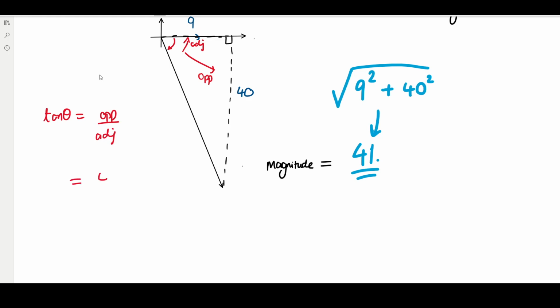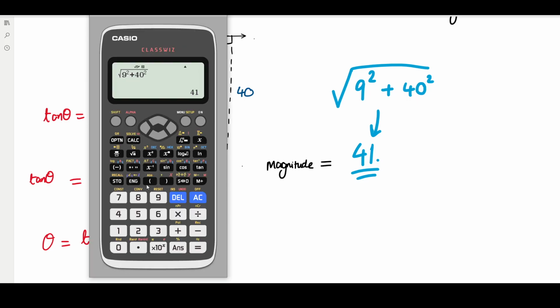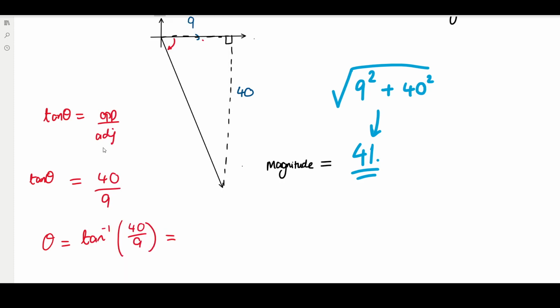I'm going to replace the opposite with 40, the adjacent with 9, and then I will use inverse tan to get my angle. Once again, that's going to need to go in on the calculator. Let's see what that is. I'm going to shift tan, 40 over 9, and that's going to work out as 77.3 degrees.